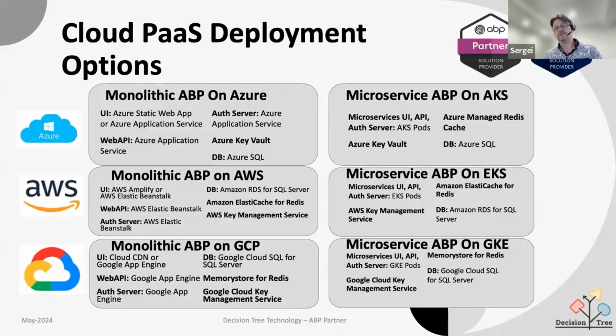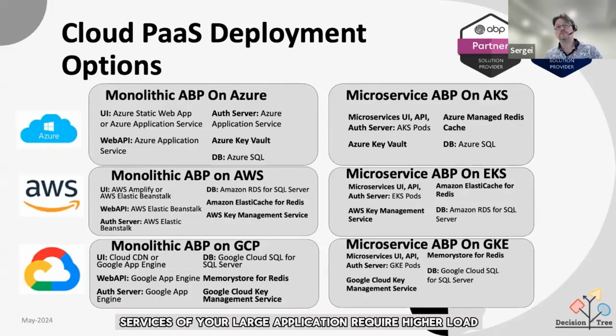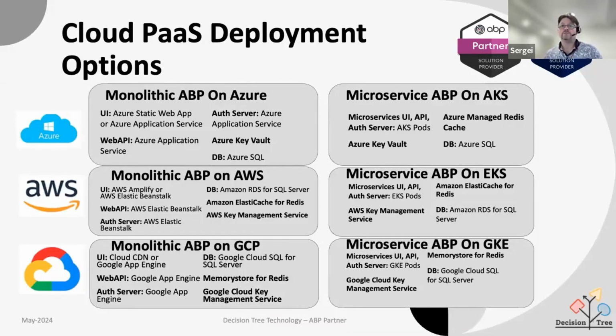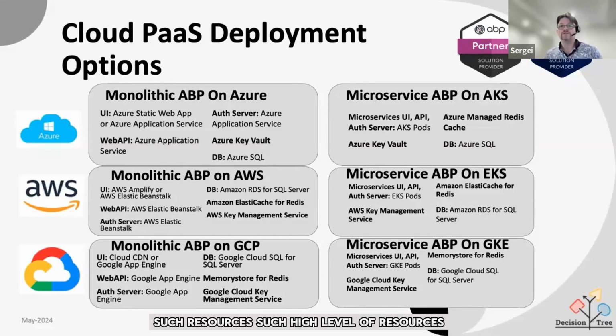If some of the services of your large application require support of higher load, you can do that on that particular microservice without increasing resources on the rest of the microservices which don't need such a high level of resources. So basically, you get to choose where you increase your scalability and throughput.